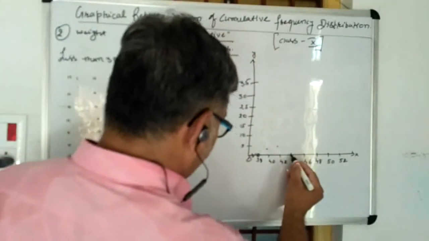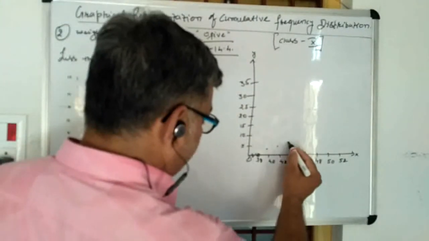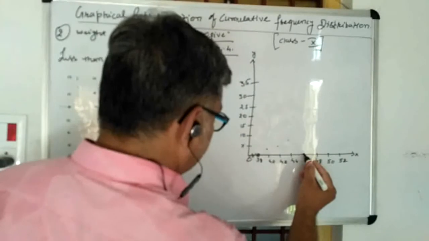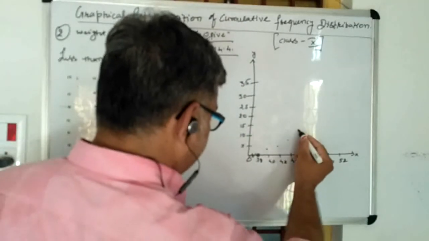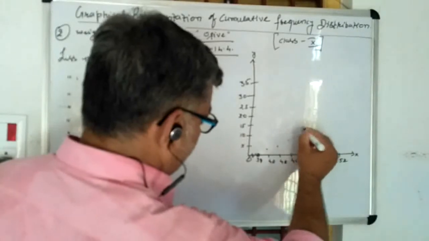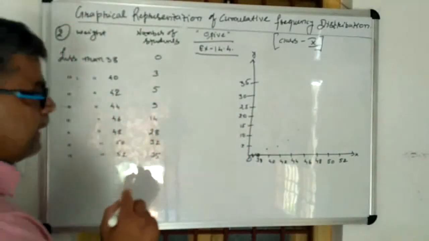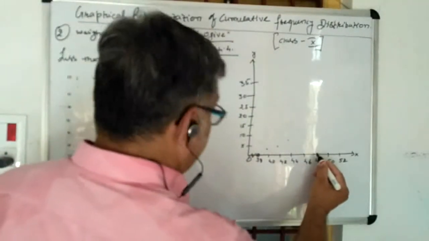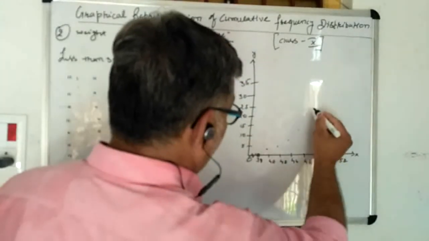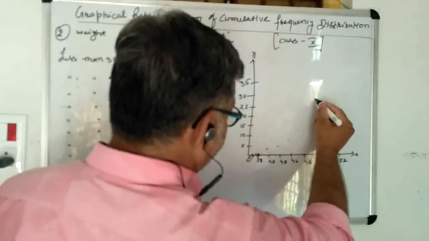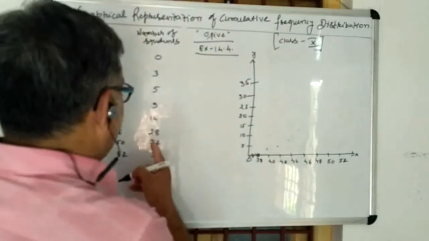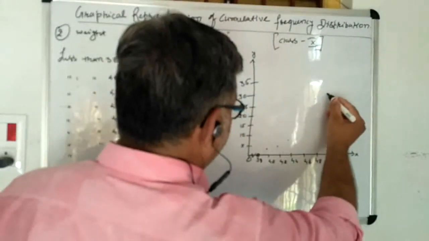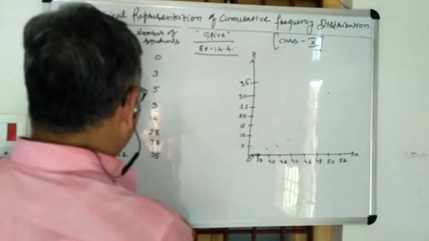Then 44, 9, will be like this. 46, 14, will be here. Then 48, 28, will be just below 30, and 50, 32, just a little above 30.